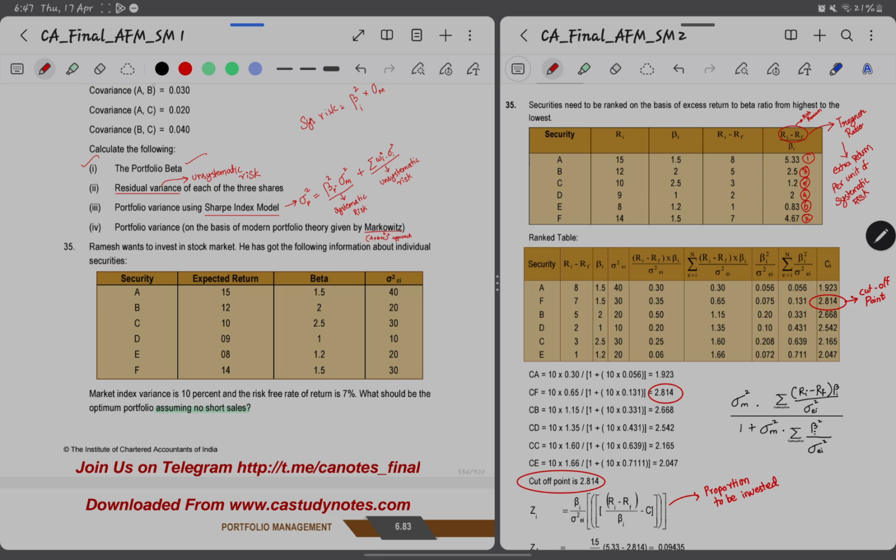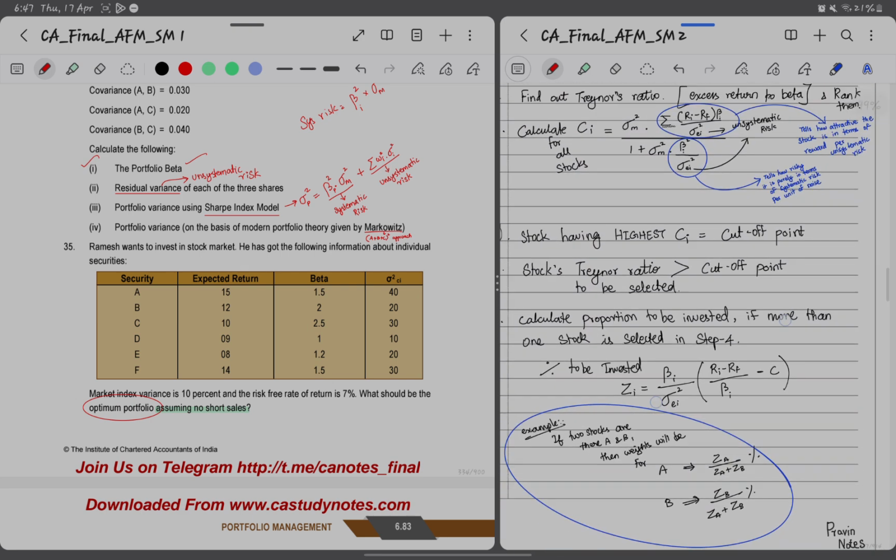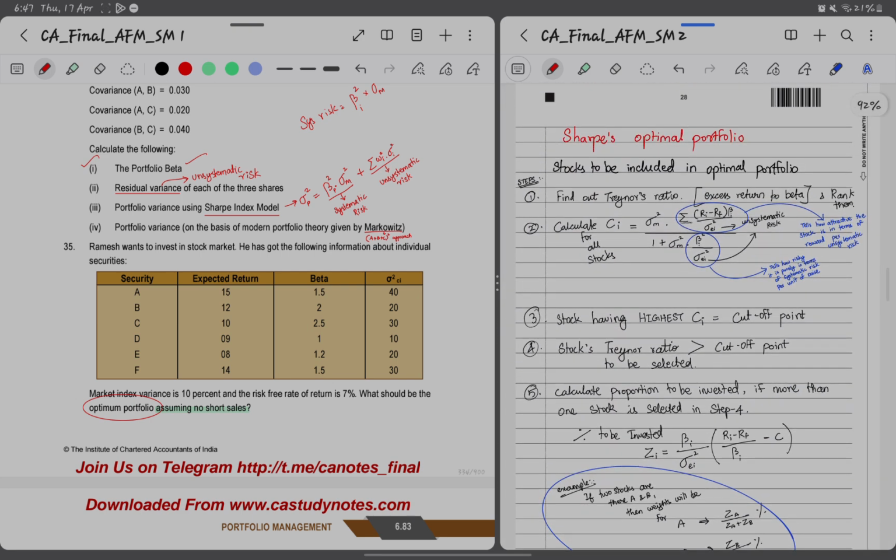So here they are asking what is the optimum portfolio. We have to calculate the Sharpe's optimum portfolio using the following steps as laid down here.